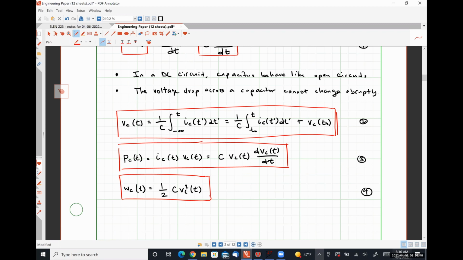Now, I say that, but the induction motor, which is really beyond the scope of this class to get into great detail on, is probably the most widely used electrical device in the world. The induction motor revolutionized industry.